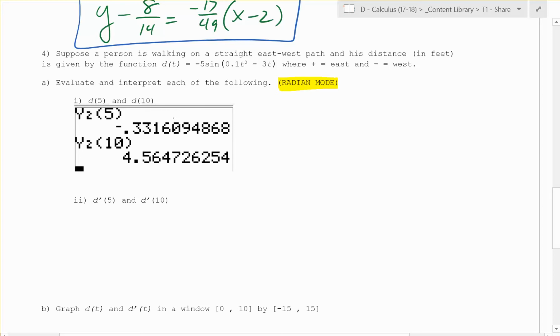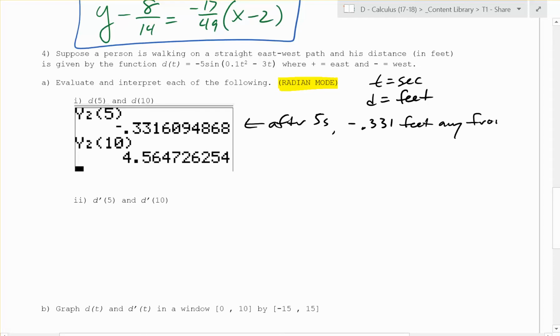At time 5, it doesn't say what units t is in, but let's say t is in seconds, and we know that distance is in feet. So after 5 seconds, the person is negative 0.331 feet away from the starting position.